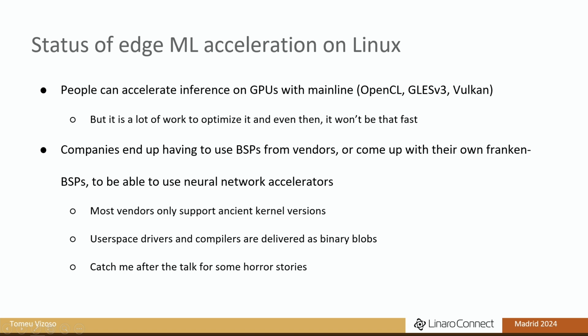So it's what we already knew from the GPU when we didn't have those drivers in mainline. Ancient kernel versions, 5.10 is quite popular among SoC vendors. And those binary blobs, which we know how it is, we don't know what is in there, and they depend on versions of libraries which are often very, very old.